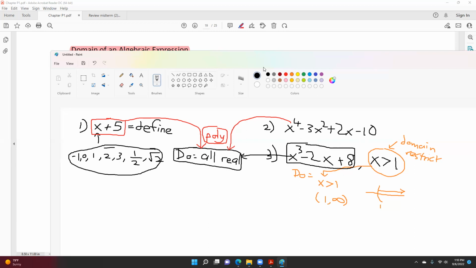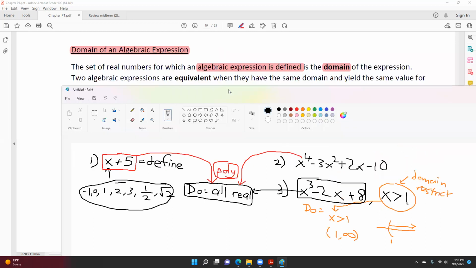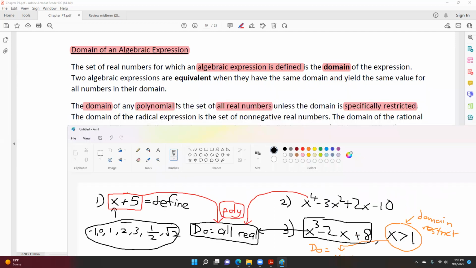What I'm teaching here is also very important because we'll be doing a lot of domain in not just this class. You will talk about domain in college algebra, trig, and also in calculus. Okay, so this is the domain for the polynomials.